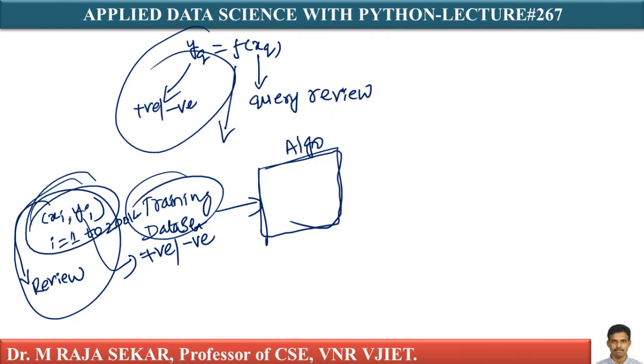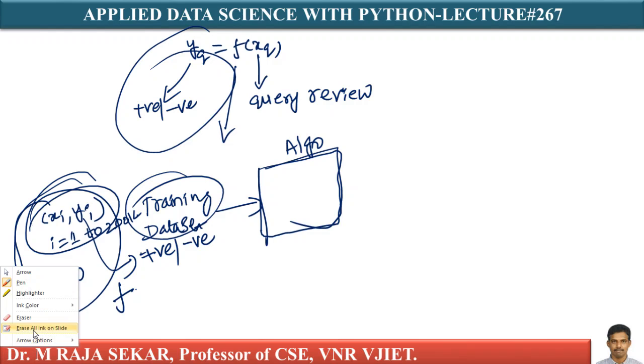Now the algorithm learns the function f. That you must understand; this point is important. The algorithm learns the function f because it is seeing lots of examples xi comma yi. By looking at all these examples, the algorithm learns the function f.